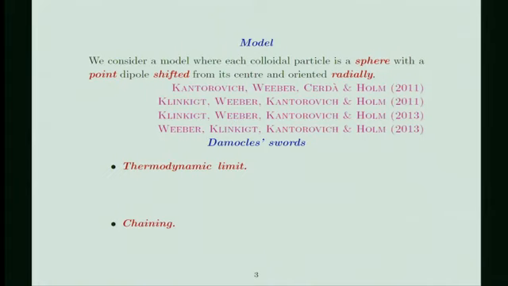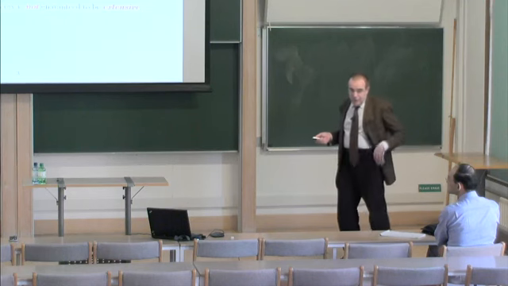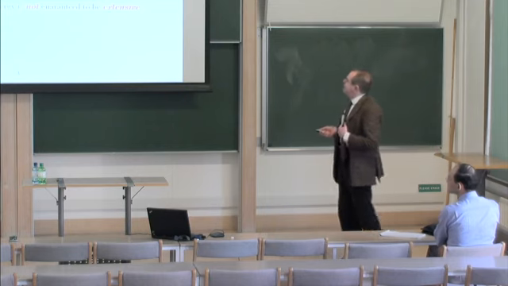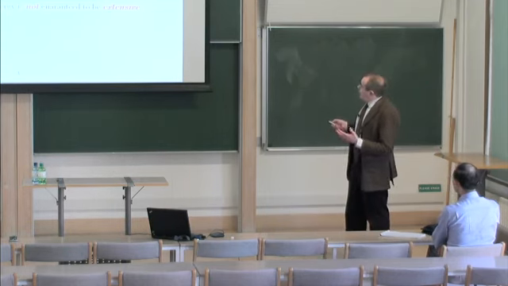I am even less lucky than he was, because two of them are hovering about my head, and one goes under the name of thermodynamic limit. I'll try to explain the content of this sword in a moment. And it goes like this.